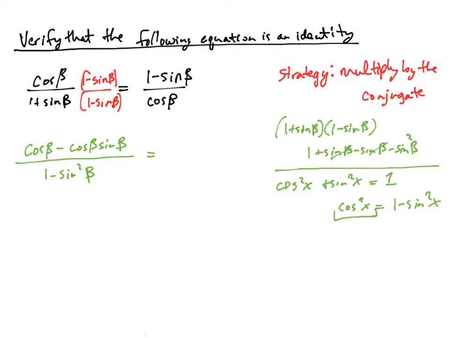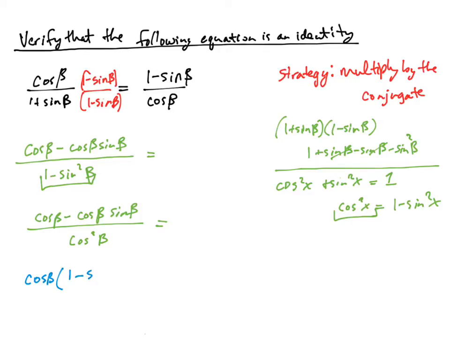So cosine beta minus cosine beta sine beta divided by, instead of 1 minus sine squared beta, I'm going to write cosine squared beta. Then in the numerator, I'm going to factor out a cosine, and we're left with 1 minus sine beta over cosine squared beta.